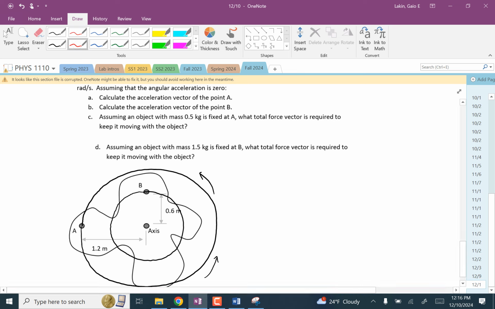And so for this point B, the velocity vector is this way. The centripetal acceleration is this way. For the point A, the velocity is this way. The centripetal acceleration is this way.